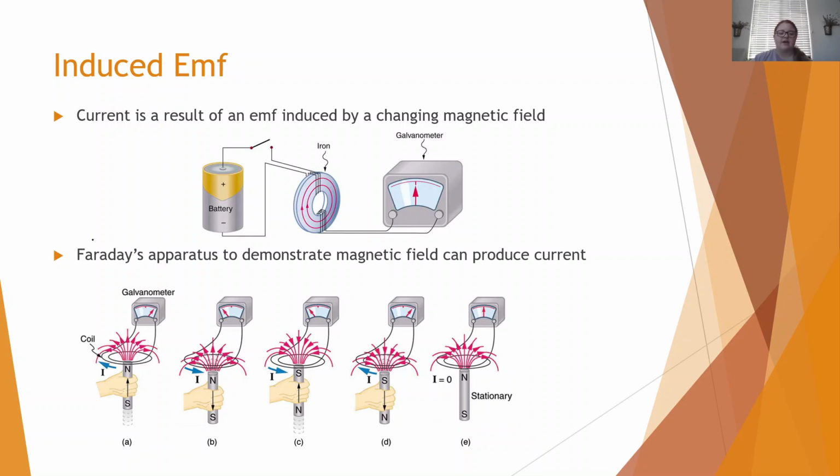We also have a couple of different ways of looking at this induced EMF, or what direction it will go in. Here we have a coil, and that has some sort of current that is being induced by the motion of this bar magnet. I will also look at a couple of other resources to understand this, because it can be a little bit confusing.